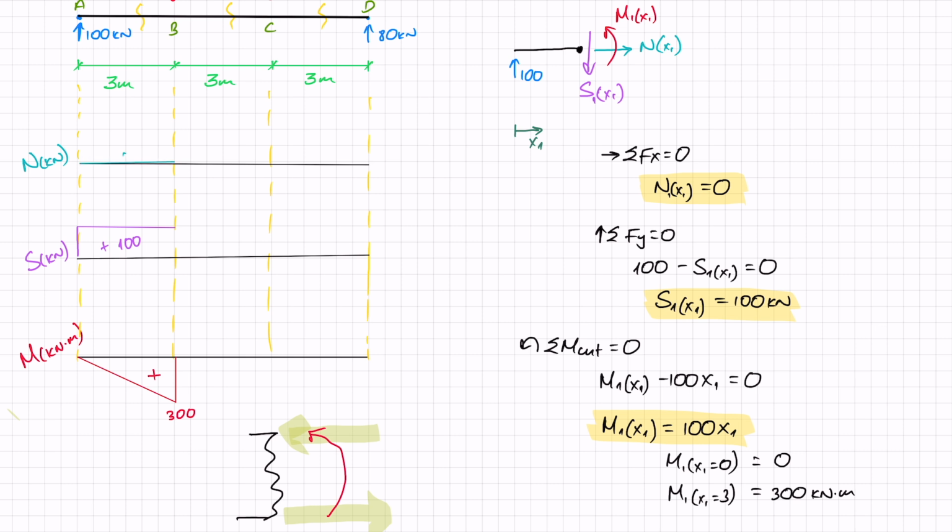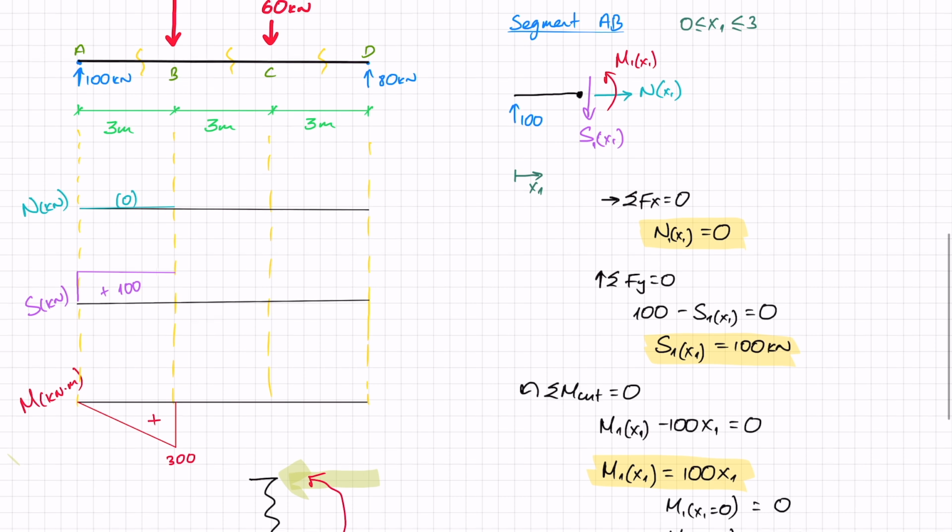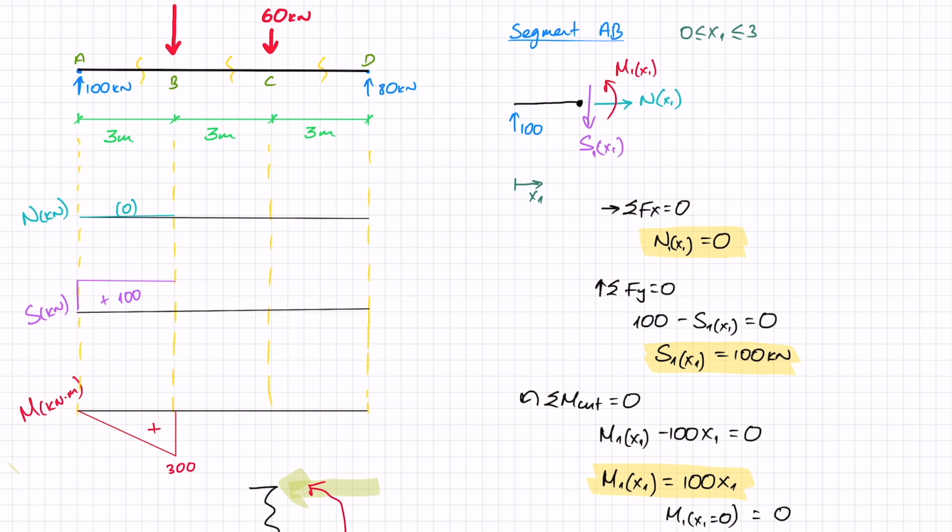So I just have 0 here. That was my first cut and my first part of the diagrams. I hope that the first segment, AB, is clear. We did go over quite a lot of things, so let's do the next cut and go over them again.